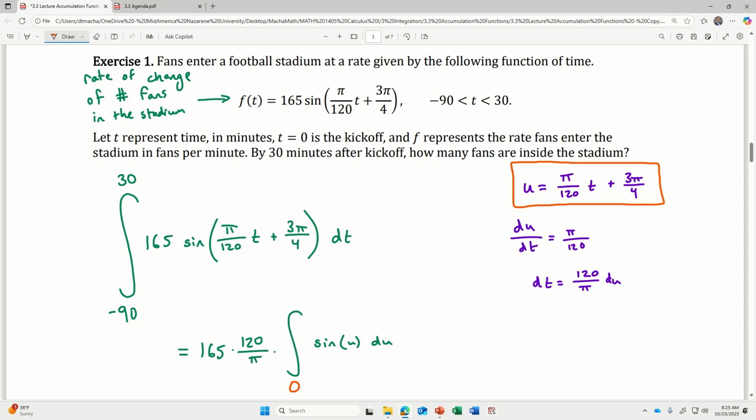If I plug in 30 for t, 30 divided by 120 is 1/4. So I've got pi over 4 plus 3 pi over 4. That becomes pi.